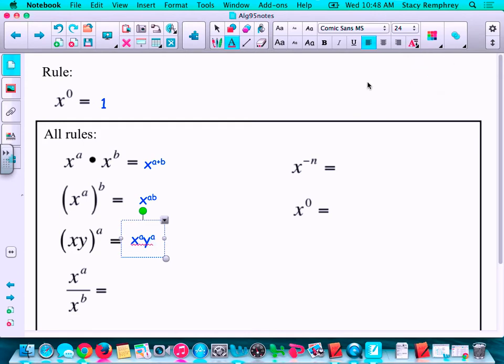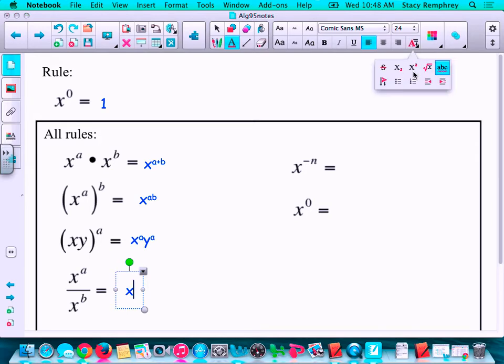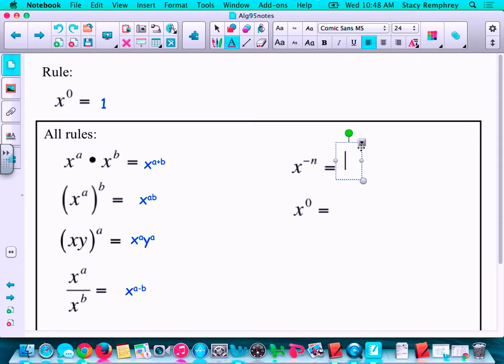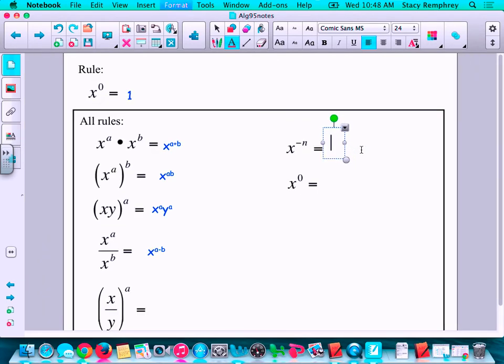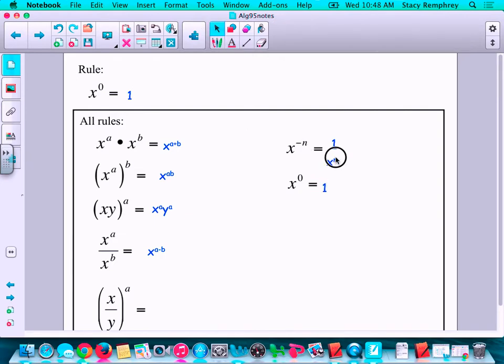But this is a good place to highlight, put a star in, because it's one place where all of your exponent rules are. So if you need to push pause here to make sure you have all these rules, we've gone through all of these. I got one more down here.